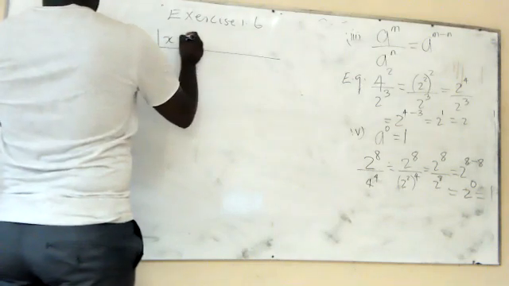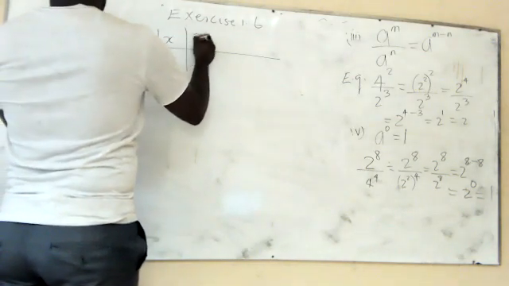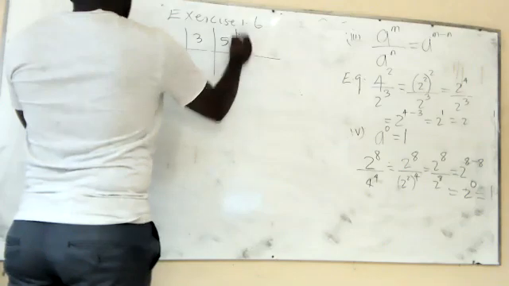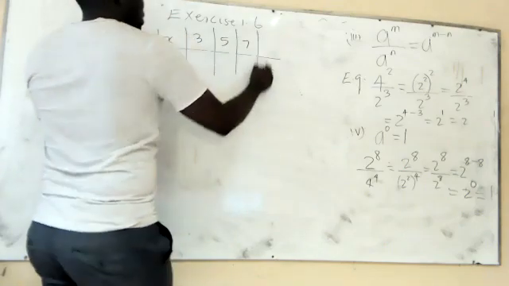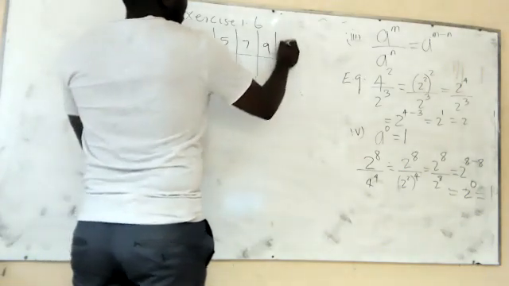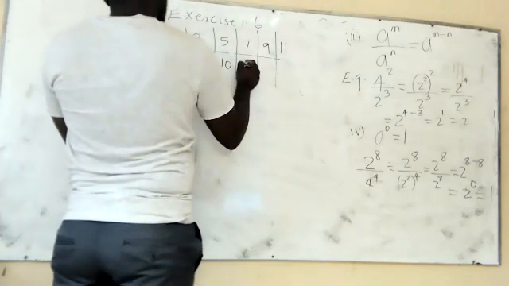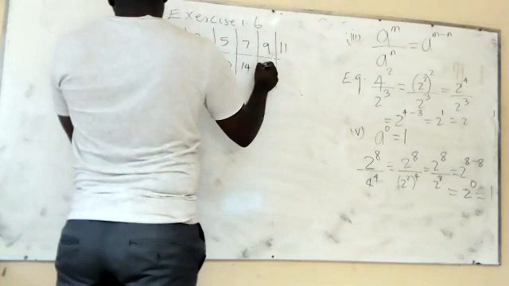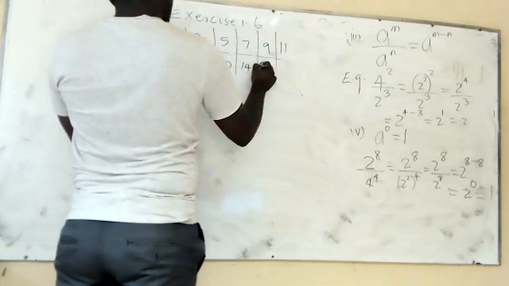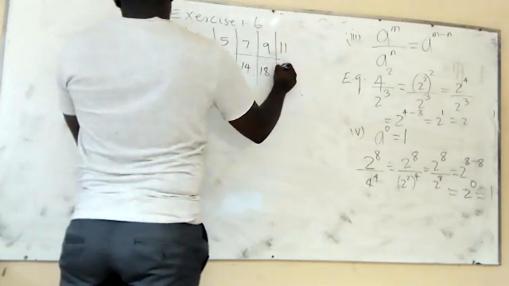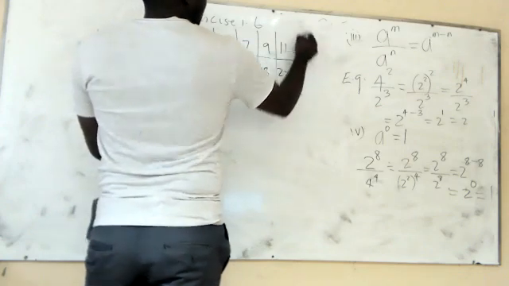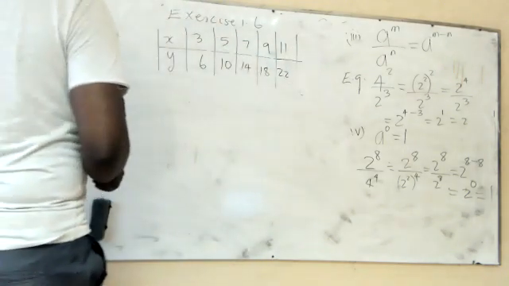So we have X: 3, 5, 7, 9, 11. Y: 6, 10, 14, 18, and 22.